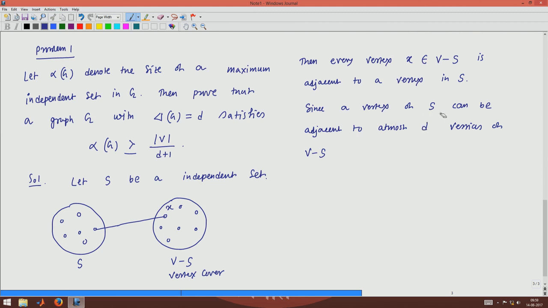So, a vertex of S can be adjacent to at most d vertices of V minus S.